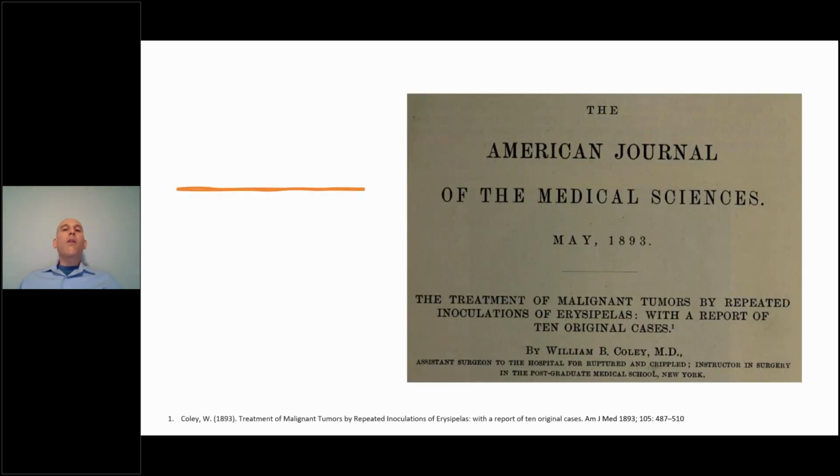The other thing to talk about with bronchoscopy is not only nodule localization, but also treatment. So this is a great paper by Dr. Coley in 1893. So we're talking 130 years ago. And it actually talks about using intratumoral therapy for treating cancer.